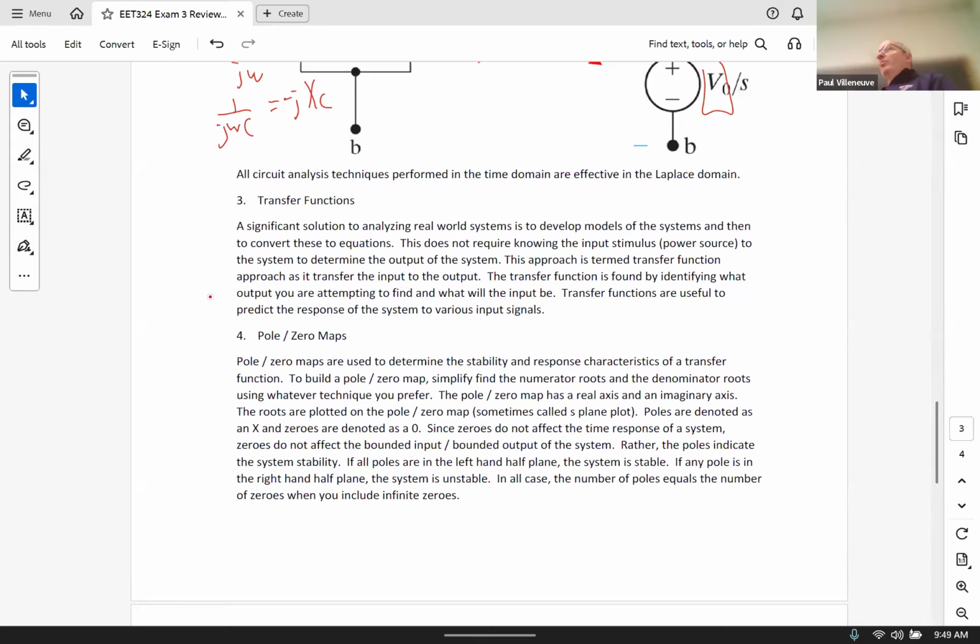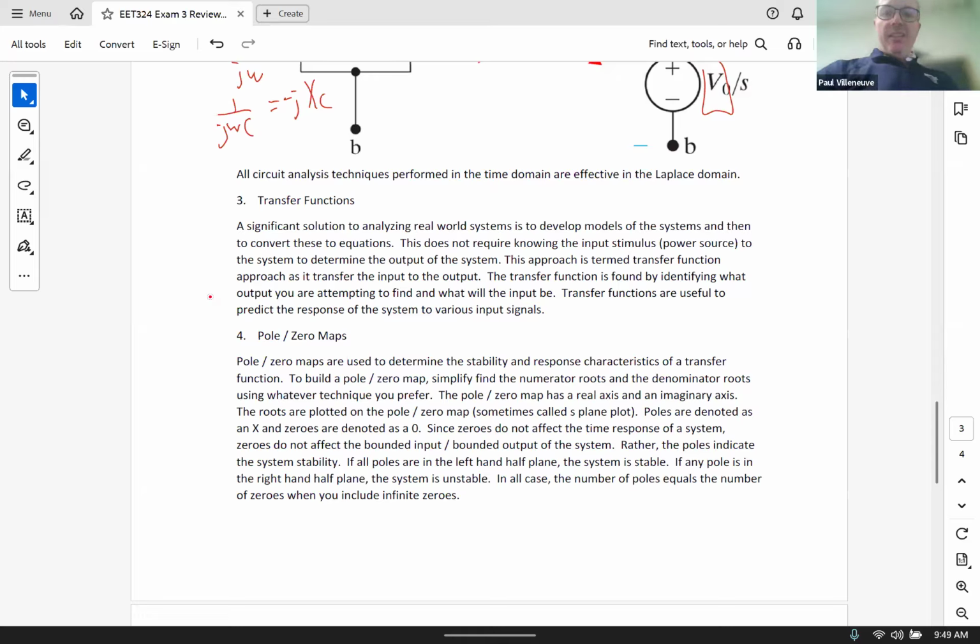So poles are the roots of the denominator. Zeros are the roots of the numerator, except if you have more poles than zeros, those are finite poles, you actually have additional zeros as your S gets to be a bigger number.